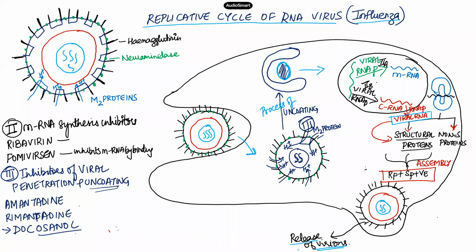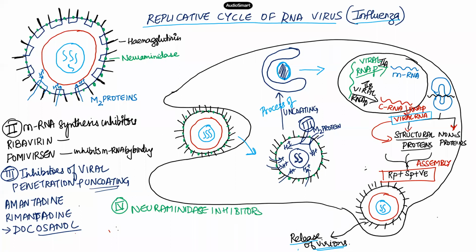Then we have the last type, and that I would like to call neuraminidase inhibitors. Now, the neuraminidase enzyme basically helps in the release of the viral progeny.